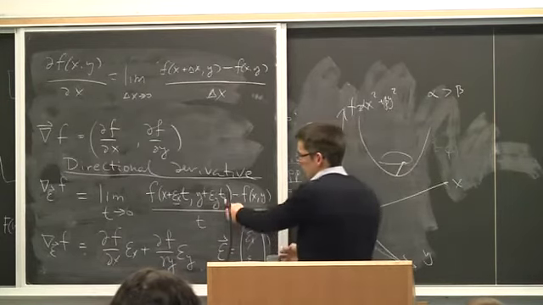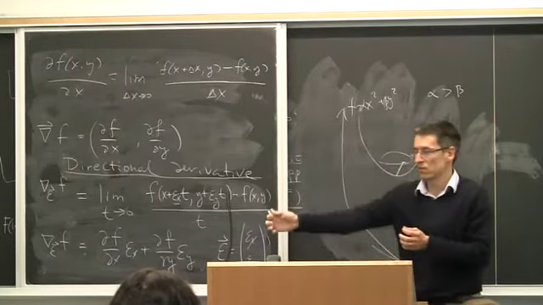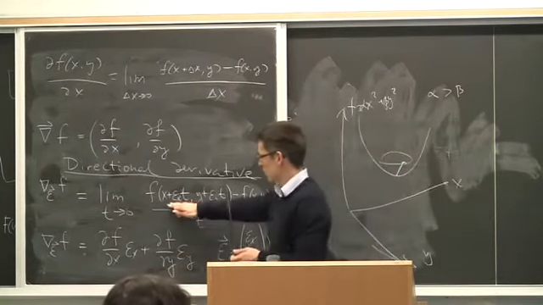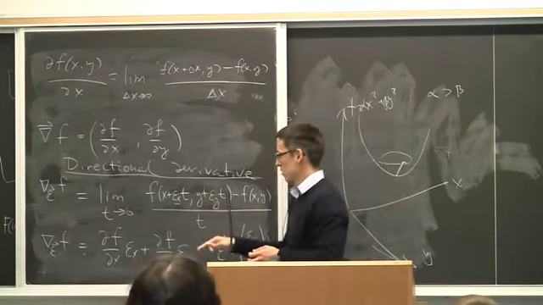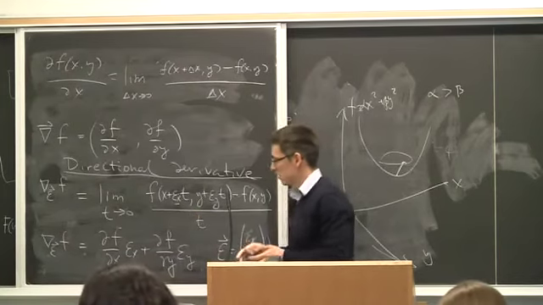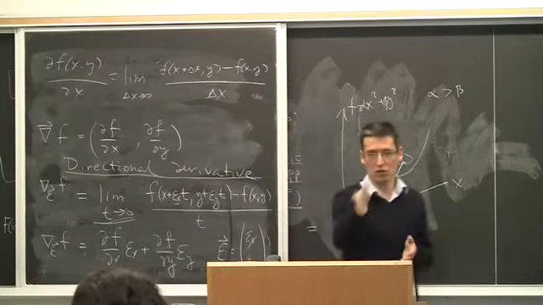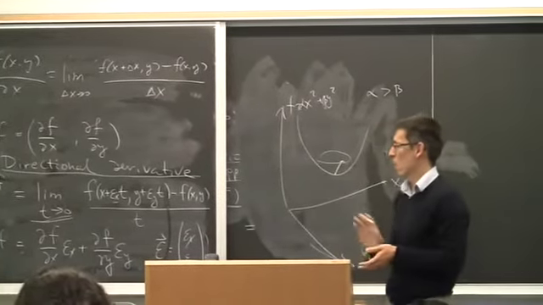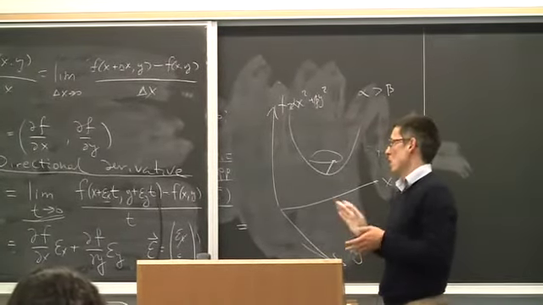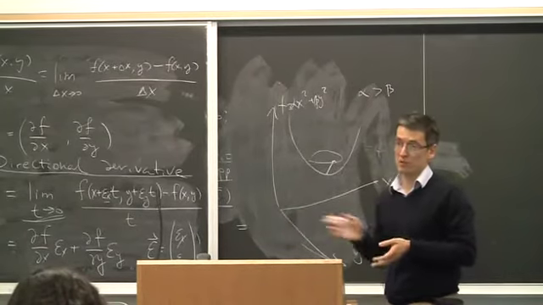Then t is a scaling parameter. Since the direction is already set by epsilon, we can vary t, and this is the definition of our directional derivative. That's how fast the function grows along the particular direction epsilon.